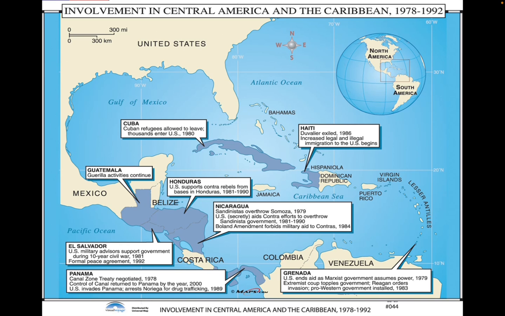Now, during the late 70s and 80s, we see more communist conflict, proxy wars in Central America. We see Guatemala, El Salvador, Panama, Nicaragua, Honduras. Cuba remains, but also Haiti begins to flirt with it.